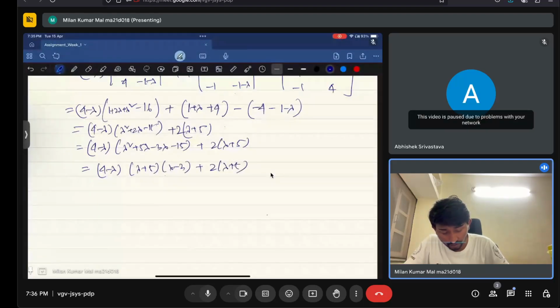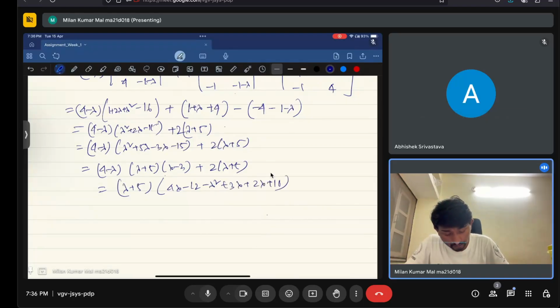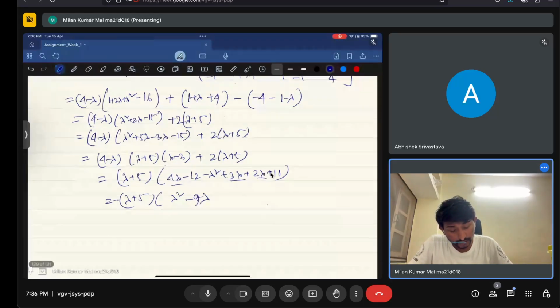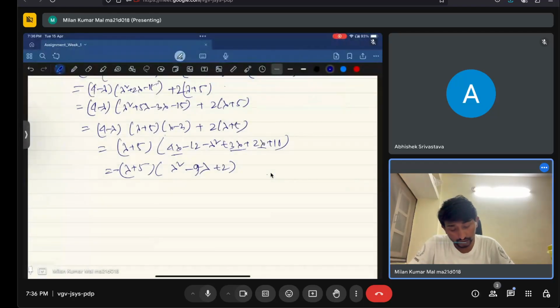So therefore lambda plus 5 will be common, and this will be 4 lambda minus 12 minus lambda squared plus 3 lambda plus 2 lambda plus 10, that equals lambda plus 5 times minus lambda squared plus 9 lambda, or I can take minus lambda outside: lambda squared minus 9 lambda, and minus 12 plus 10, that is minus 2.